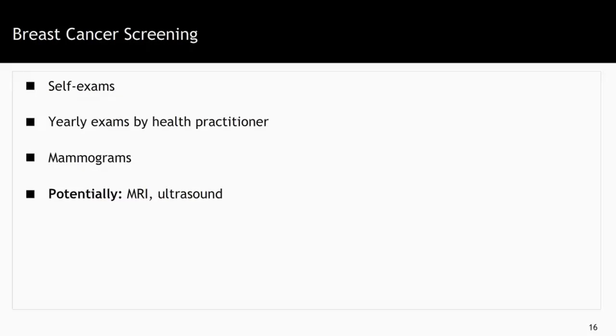Breast cancer screening consists of monthly self-exams by a woman, usually at the same time of each month of her menstrual cycle, yearly exams by a health practitioner, and mammograms, which are special x-rays that you'll hear about in a future lecture.